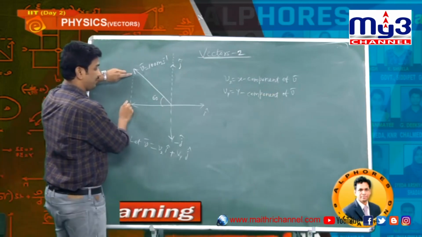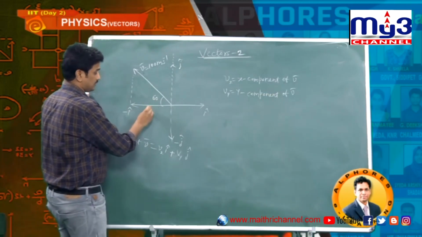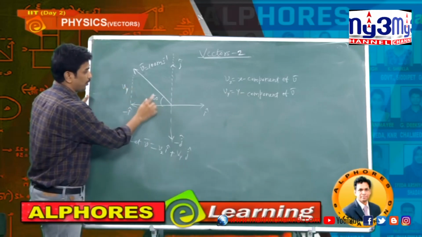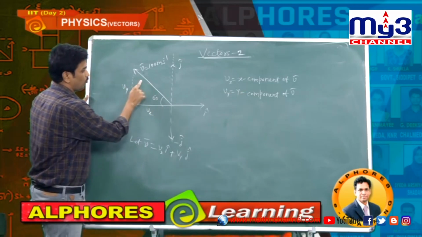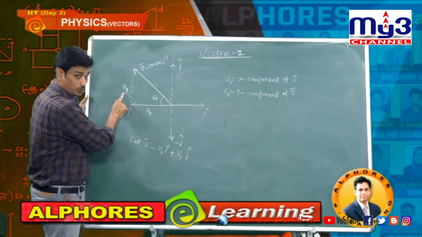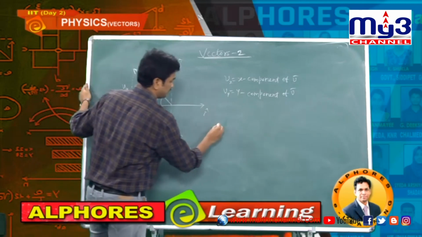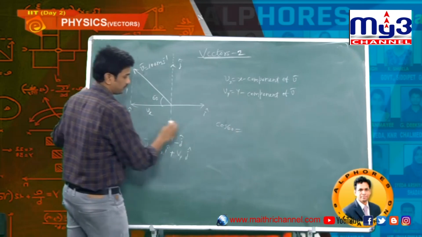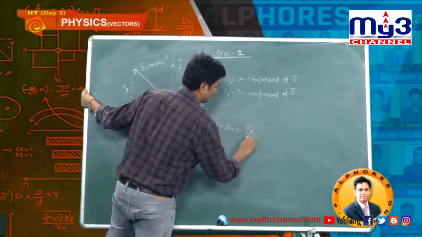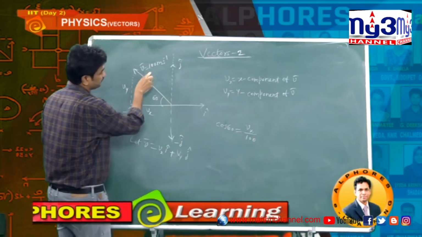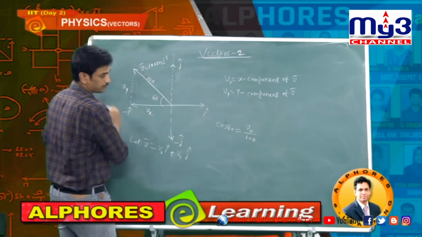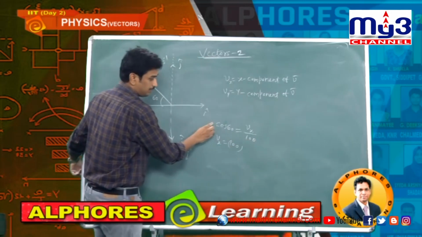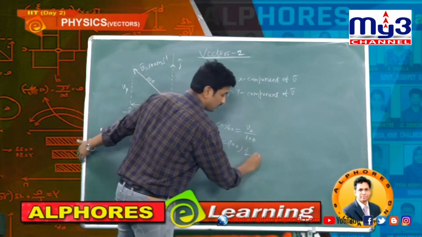Again I took the help of trigonometry. See, this is Vx, this is Vy. The x component of V is Vx, the y component of V is Vy. Cos 60 is adjacent side by hypotenuse, Vx by the hypotenuse, which is 100. So Vx is equal to 100 cos 60. What is cos 60? 1 by 2.